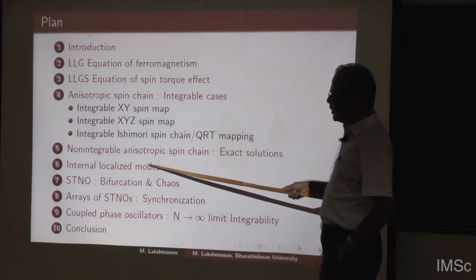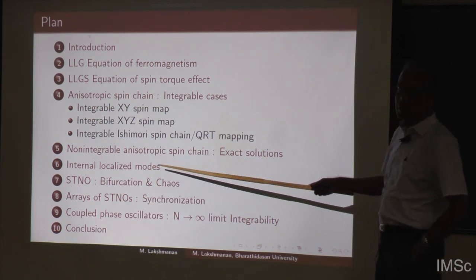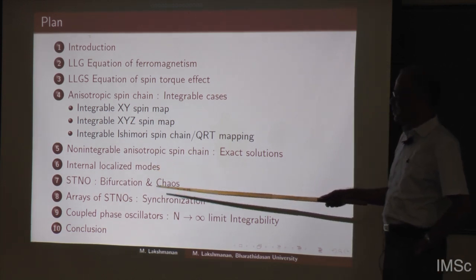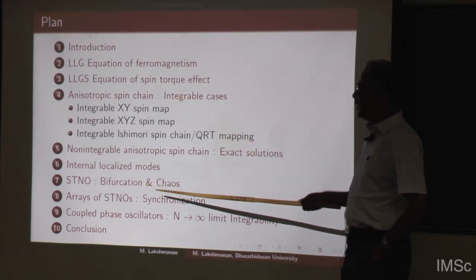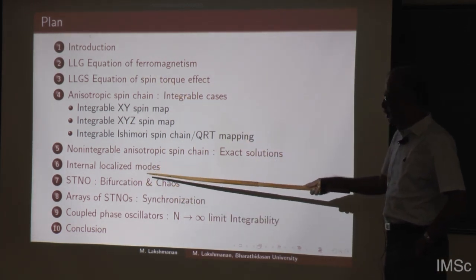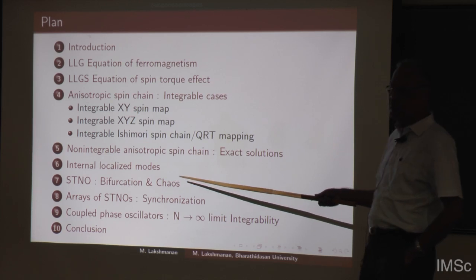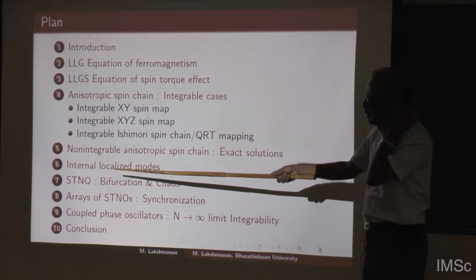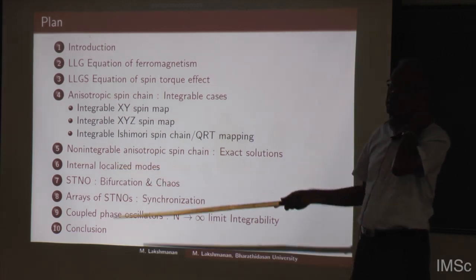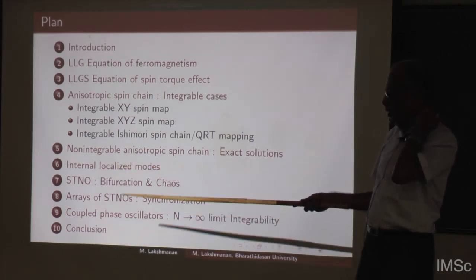One particular such state is what is known as intrinsic localized modes. And then when you consider the effect of spin torque, you will see the typical scenario of bifurcations, chaos, and so on.